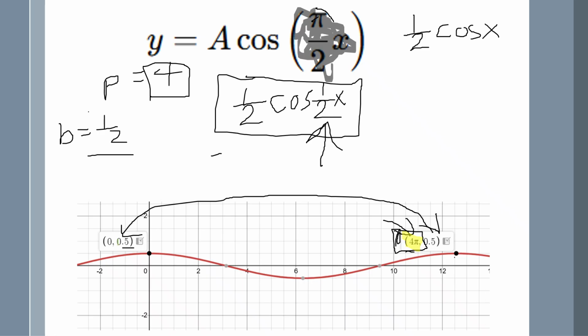Because again, we started at 0.5, and then we ended at 0.5, which is 1/2, at 4 pi. So bam, that should help you guys just a little bit. If you have any further questions, of course, ask me for help.